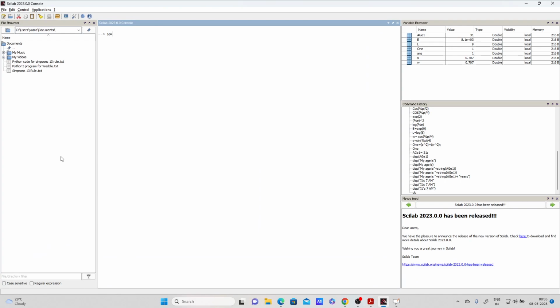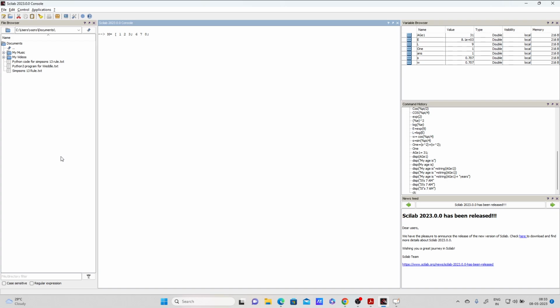The corresponding command for this will be M1. Now there are two ways of doing this. You can write 1 space 2 space 3, and the end of the row is signified by a semicolon. Then 6 space 7 space 8, which gives the end of the row.